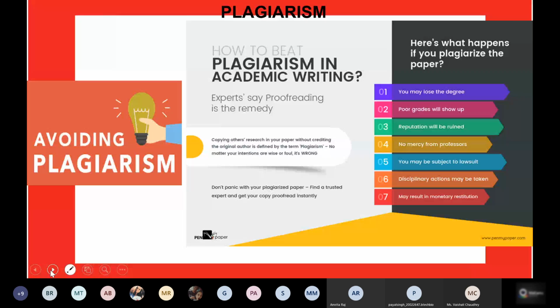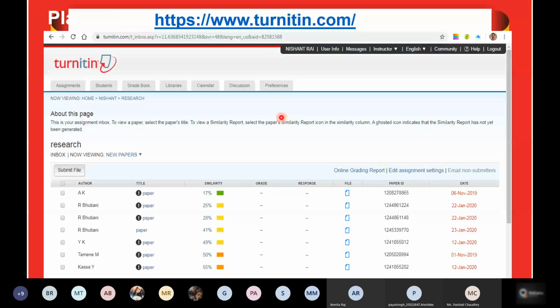How? Using specific software. Here you can see written Turnitin. This is one of the softwares. This is the link which is provided by the university to all the researchers. You can see the name of the author, the title, the paper, and you can see the similarity.